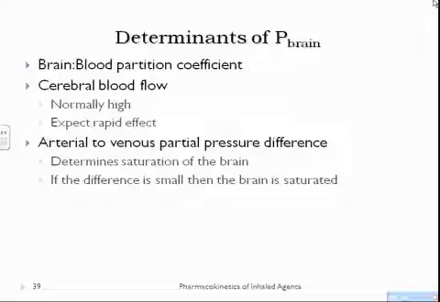And what you can see is that your arterial to your venous partial pressure difference will actually determine the saturation in the brain. If you're looking at your gas analyzer, what you can extrapolate from that is the expired value. The expired value that's coming out of the lung is your brain concentration. Not the inspired fraction, but the expired fraction.